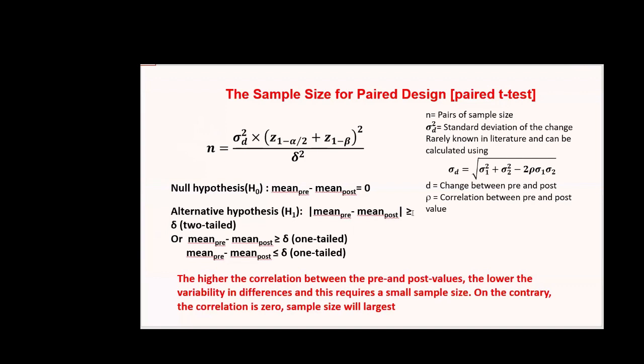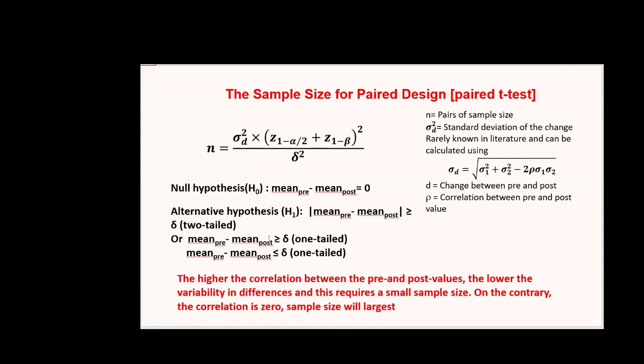That is two-sided. It may be less than or greater than, depending on your outcome, whether it is a good outcome or a bad outcome, or whether a higher value is better or a lower value is better.